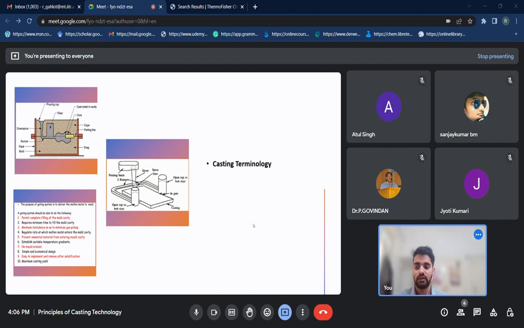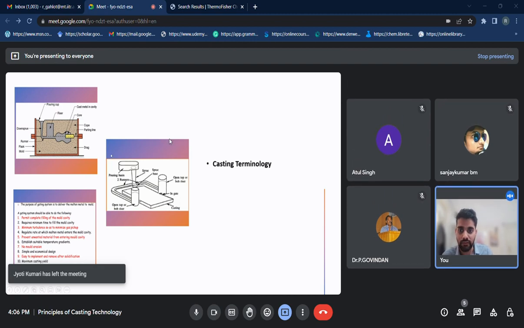Majorly the purpose of the gating system is to permit complete filling of the mold cavity with minimum turbulence so as to minimize the gas pickup and to prevent unwanted material from entering the mold cavity. These have already been covered in the theory part, so I'll just briefly summarize.